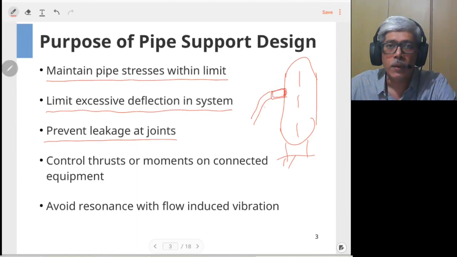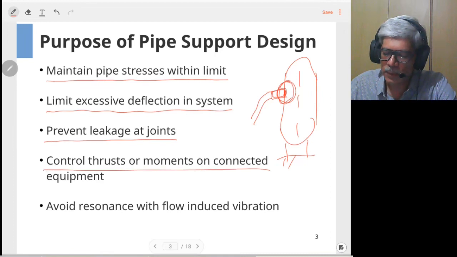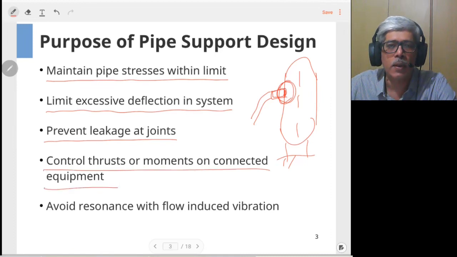Because of the end reactions coming at the piping ends, they need to be borne by the vessel body. So these loads have to be maintained within the limit so as to avoid damage or excessive stresses in the pressure vessel. That is one more reason: to control the thrusts or moments coming on the connected equipment.